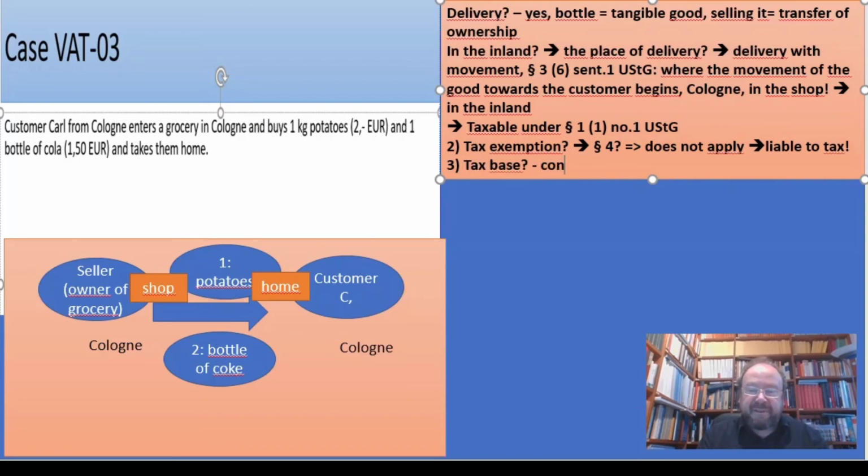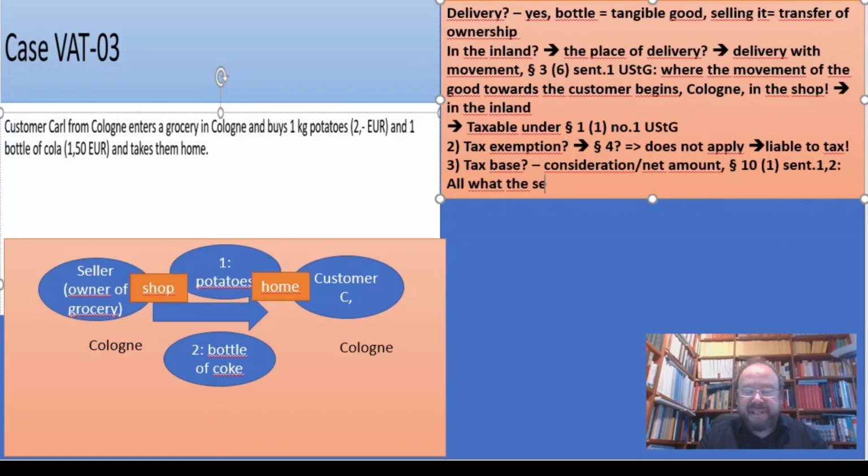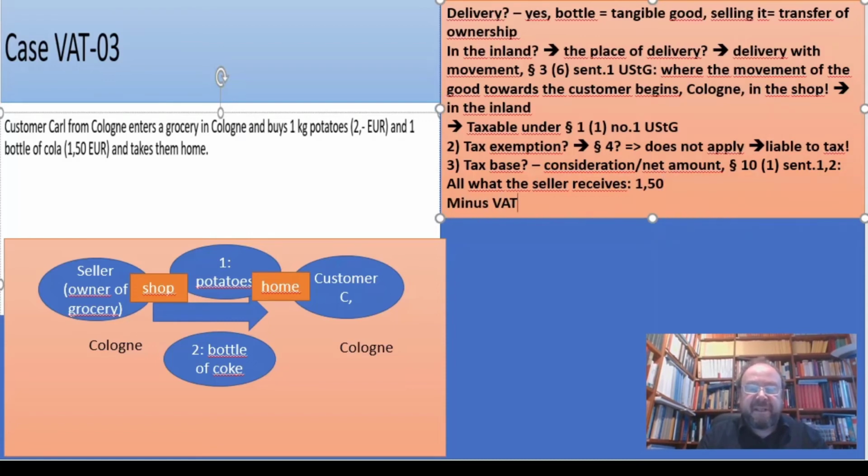That's again the consideration or the net amount, however to be translated, or what the seller receives. That's here €1.50 minus the VAT included therein.